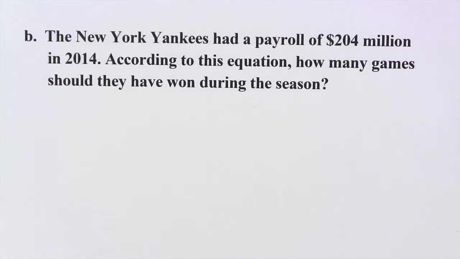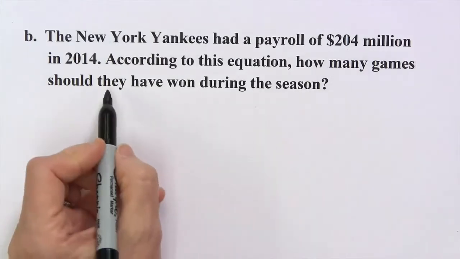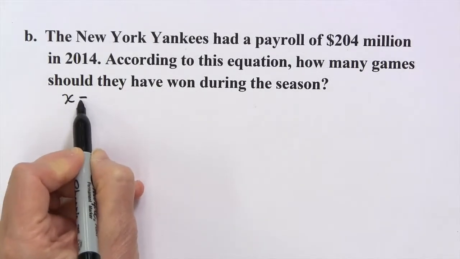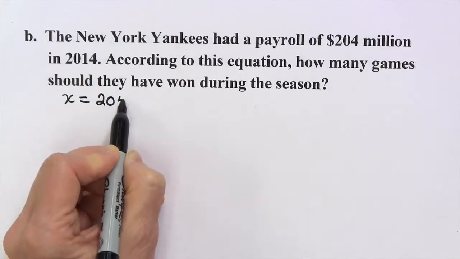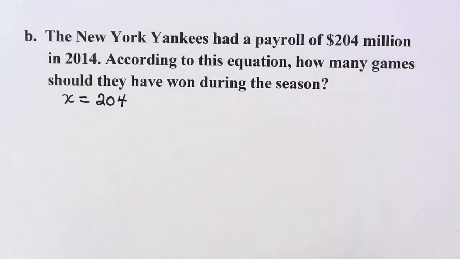Look at part B. The New York Yankees had a payroll of 204 million in 2014. According to this equation, how many games should they have won during the season? Well, remember, this is an X value. So here X is basically 204, representing the payroll of 204 million.